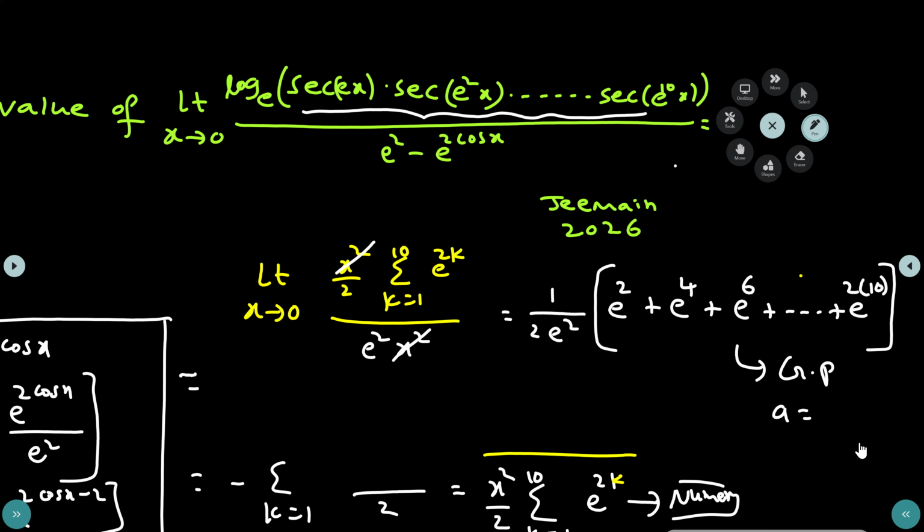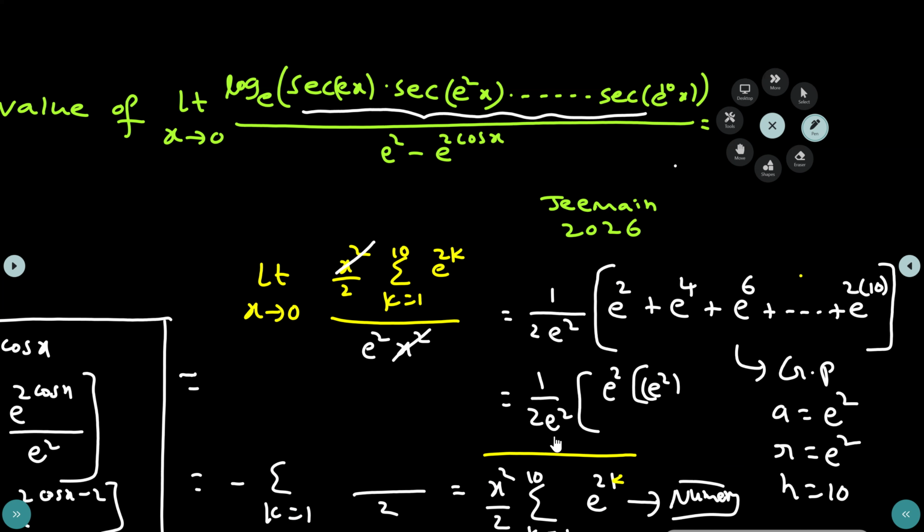What is a? E square. What is r? E square. N is how much? 10. Now if you apply the GP series formula, a into r power n minus 1 by r minus 1, that is e square into e square power 10 minus 1 by e square minus 1. Then e square gets cancelled.